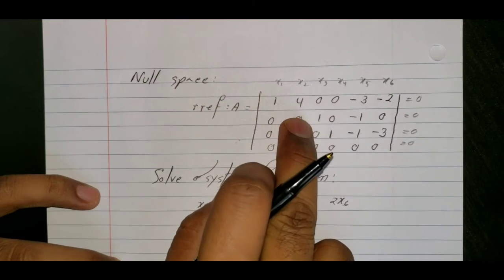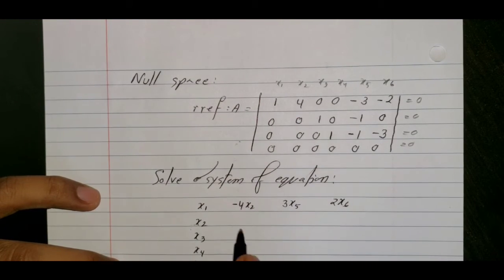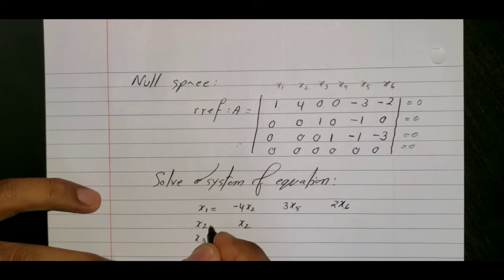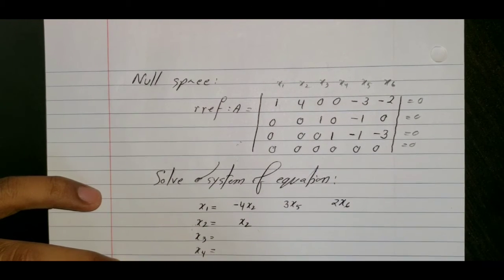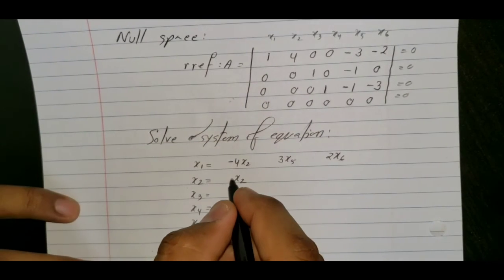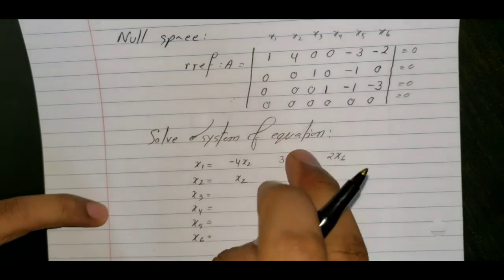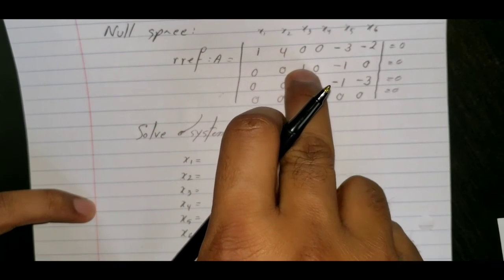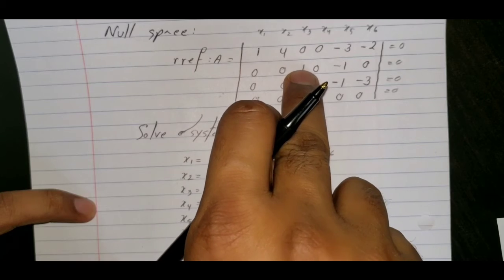Similarly, you have the x2 now. So x2 itself is free, so you take x2 as a 1. Make this equation true. Okay, so you have x2 as a 1, right? And then x3, so this is now x3, right?